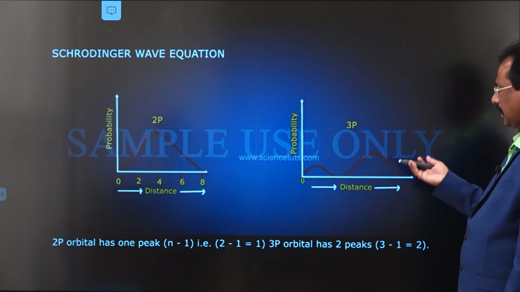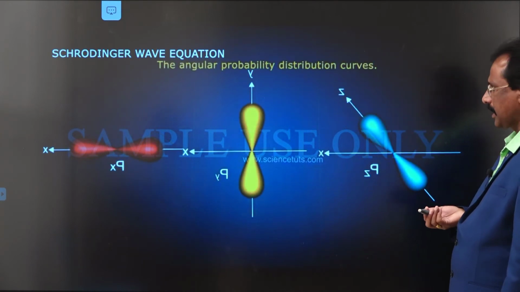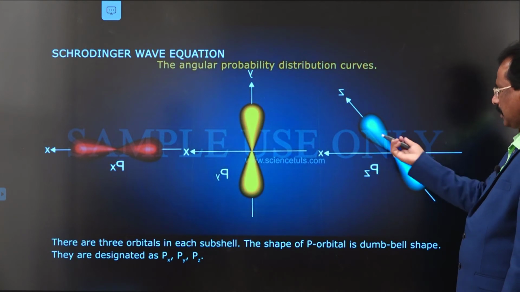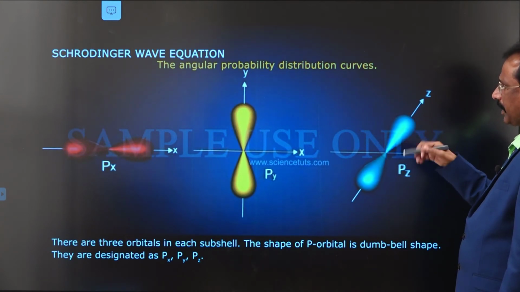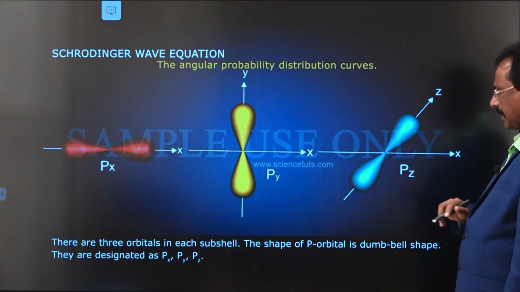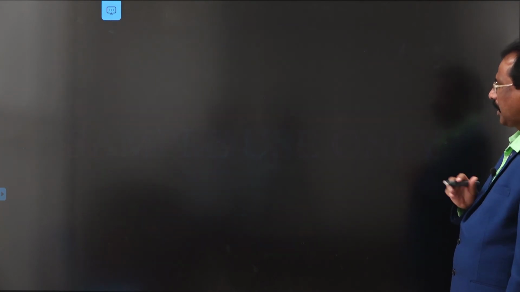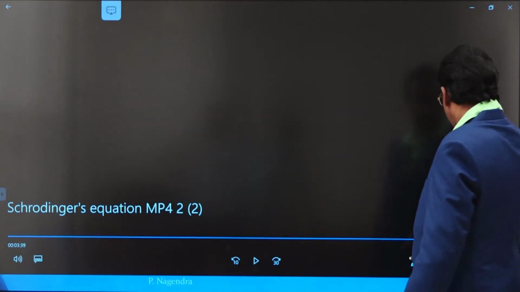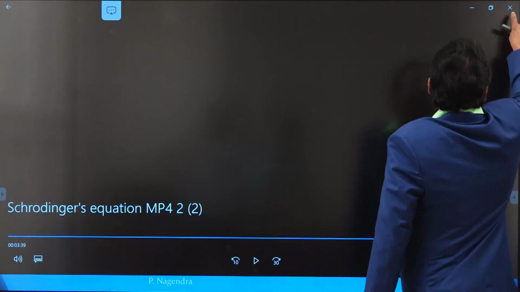For 3p there are 3 minus 1, so 2 peaks. So this is the representation of the orbital orientation of the px, py and pz according to the quantum mechanical model of an atom.